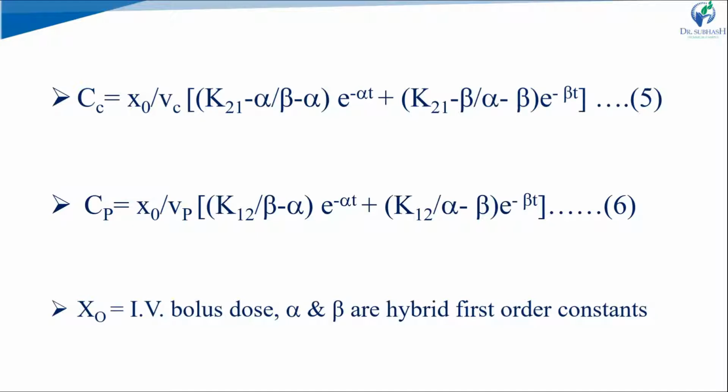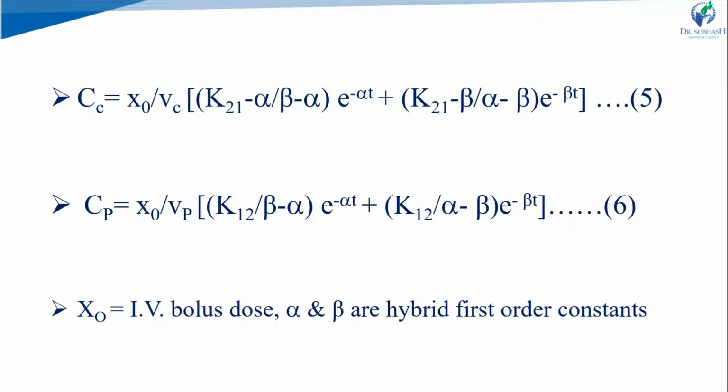The equation becomes, for the central compartment, Cc = (X0/Vc)[(K21 - alpha)/(beta - alpha) e^(-alpha t) + (K21 - beta)/(alpha - beta) e^(-beta t)]. These are exponential forms. For the peripheral compartment, Cp = (X0/Vp)[K12/(beta - alpha) e^(-alpha t) + K12/(alpha - beta) e^(-beta t)].